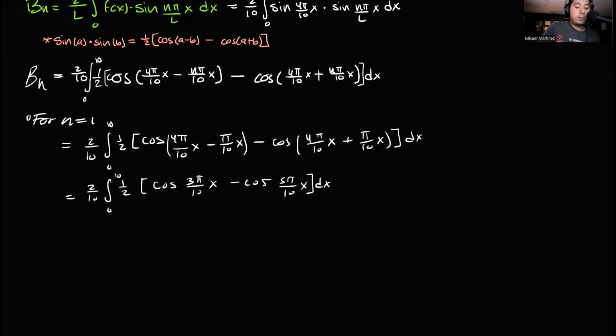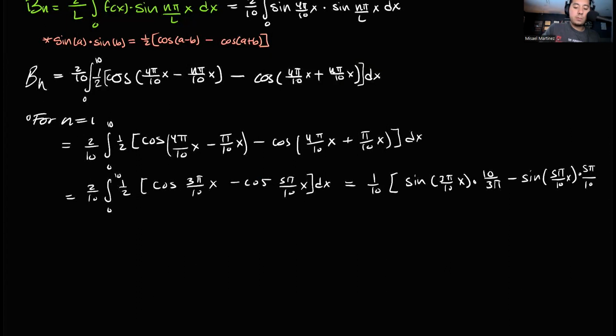If we factor out the 1/2, we're just going to get 1 over 10. And if we take the integral of cosine, we get sine. This will be sine of 3 pi over 10 x times 10 over 3 pi, minus sine of 5 pi over 10 x times 10 over 5 pi.